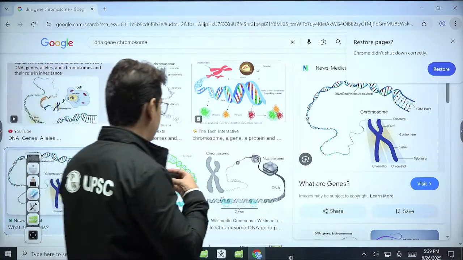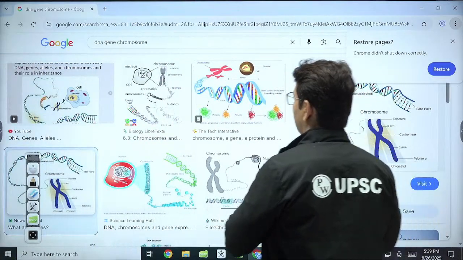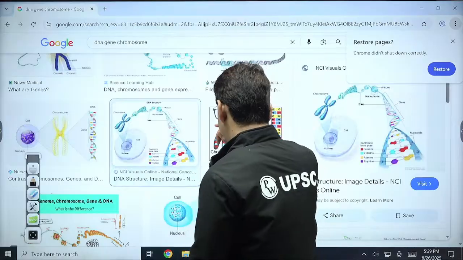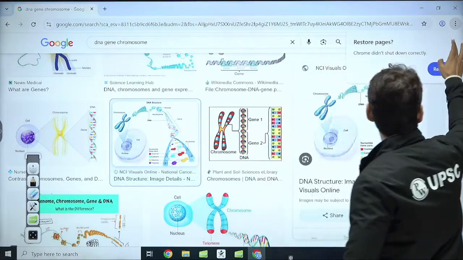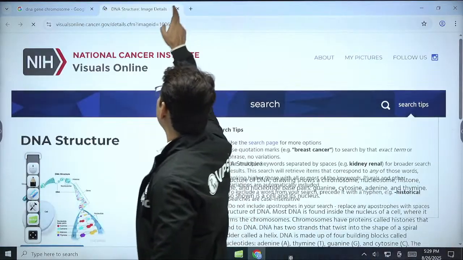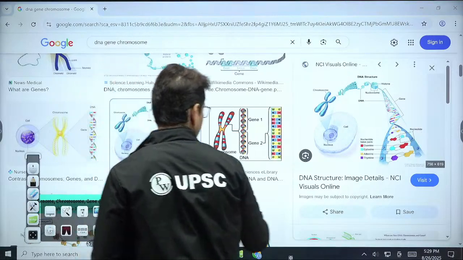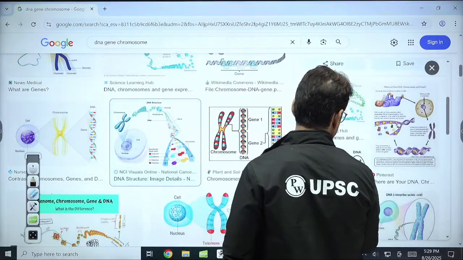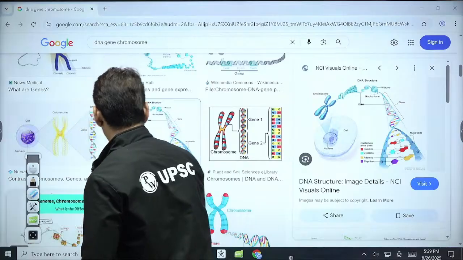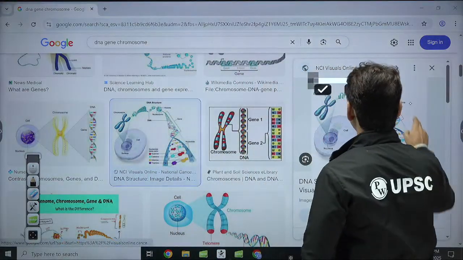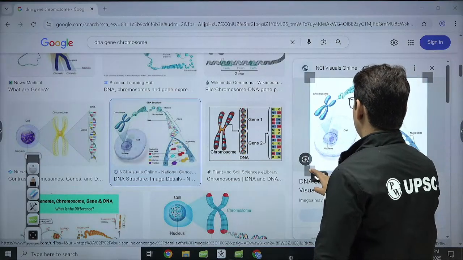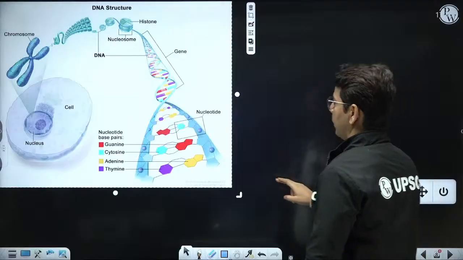Okay, I'll show you now. So I'll show you one of the best that you can get. Right. Okay, let's not get into this. I'll just cut the diagram from here. Can you see this?